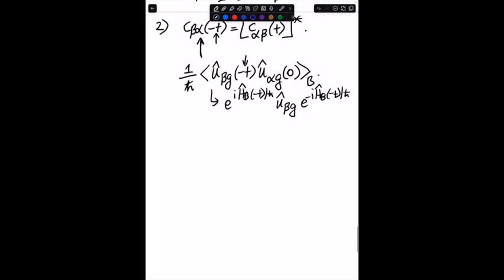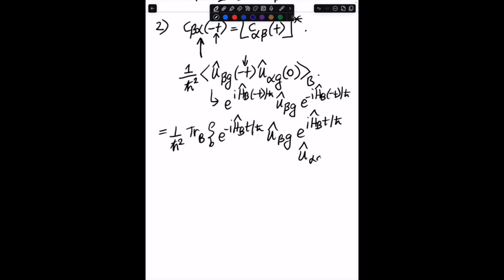And we can go back to our trace notation if we wish. So it becomes 1 upon, sorry, there's an h bar square here. And then you have a trace over your bath states of e raised to the power minus i H_B t upon h bar, u beta g, e raised to the power i H_B t upon h bar, u alpha g, and then you have your bath equilibrium density operator.